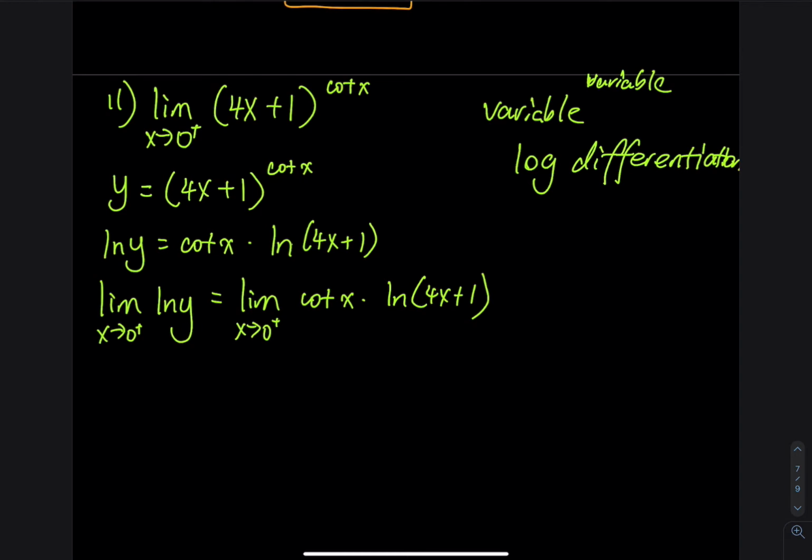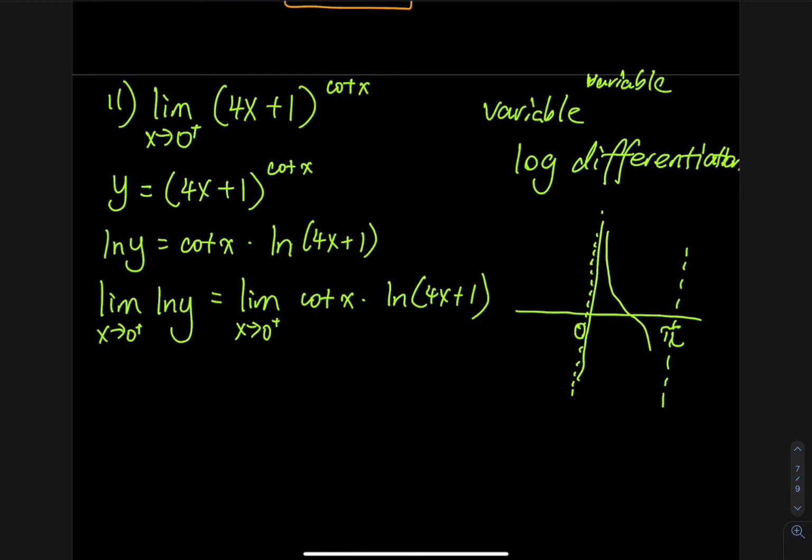You probably don't remember the graph of cotangent x as x approaches 0, right? So let me remind you what the graph of cotangent looks like. You can look it up online really quick. So the y-axis is a vertical asymptote, and the next vertical asymptote is at pi. So this is from 0 to pi, and between 0 and pi, we have this.